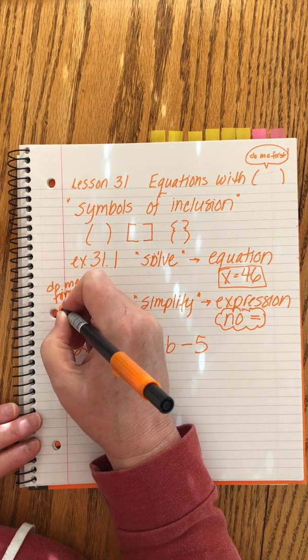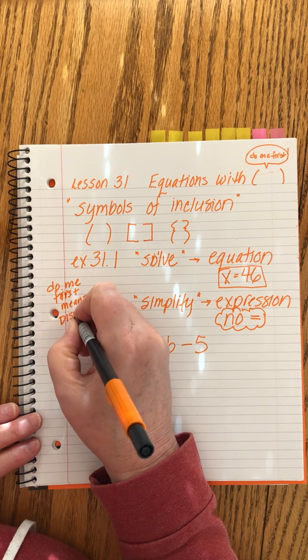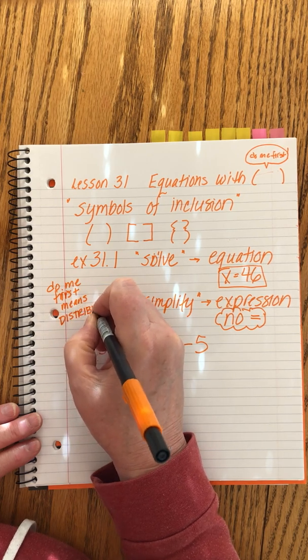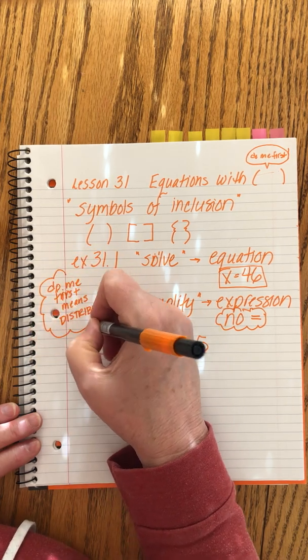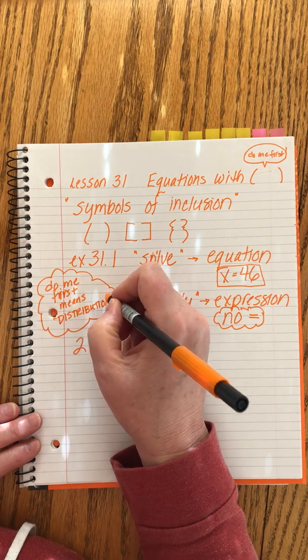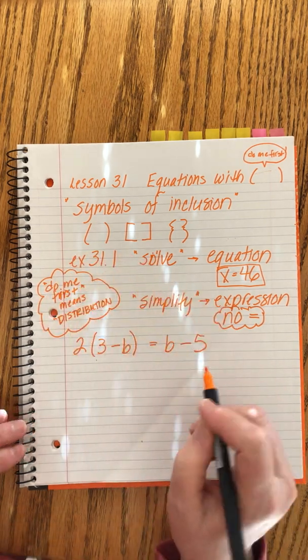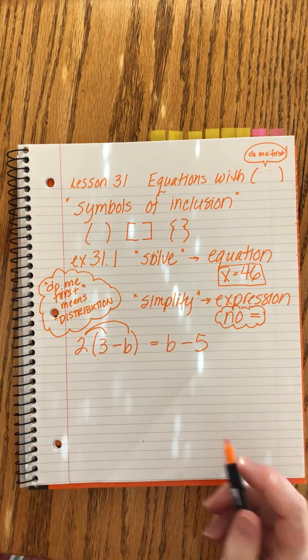Do me first means distribution. Not always, but a lot of times in these problems that we're going to be doing, that do me first means we want to distribute. So that's the very first thing that we'll do.